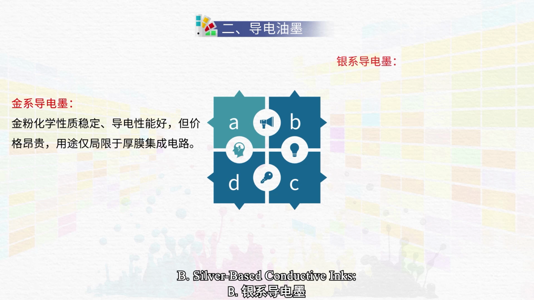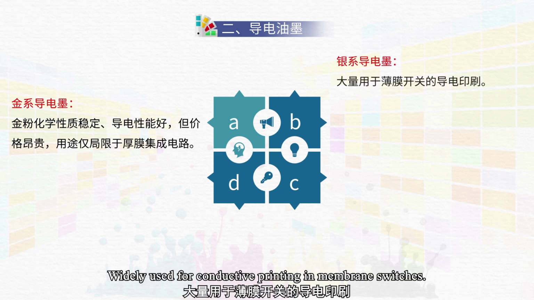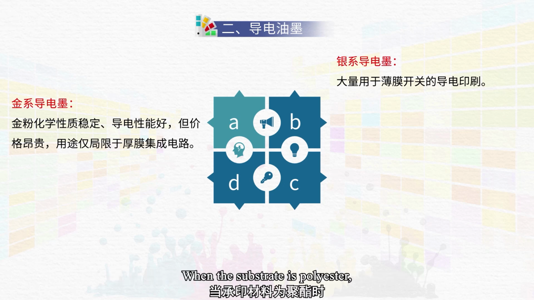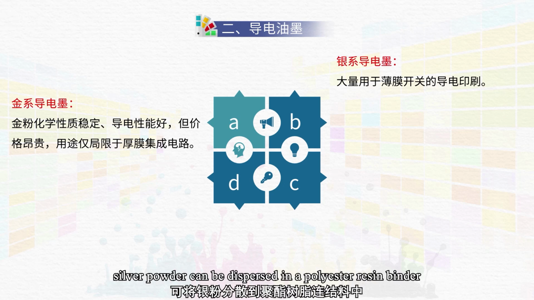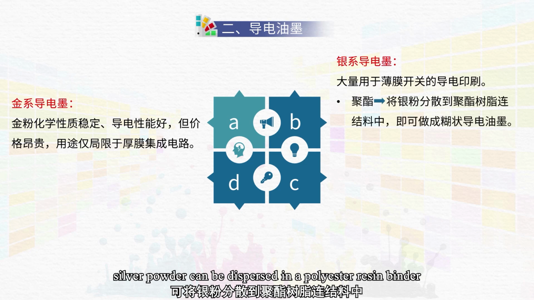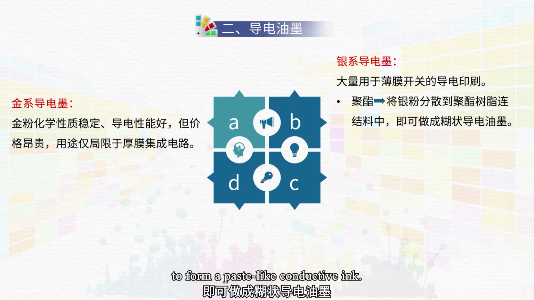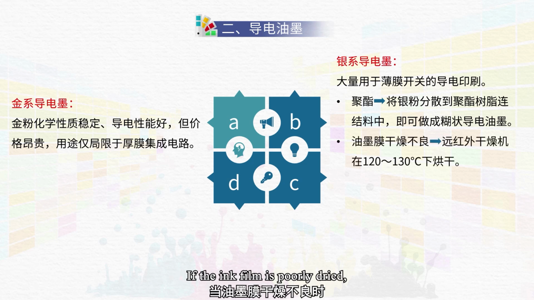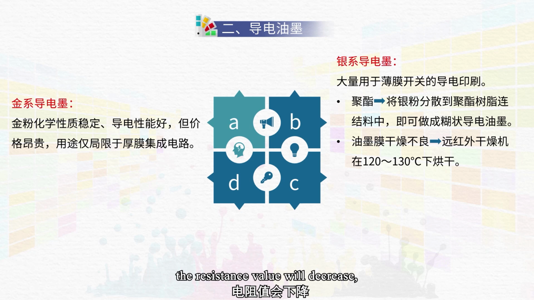B. Silver-based conductive inks. Widely used for conductive printing in membrane switches. When the substrate is polyester, silver powder can be dispersed in a polyester resin binder to form a paste-like conductive ink. If the ink film is poorly dried, the resistance value will decrease.